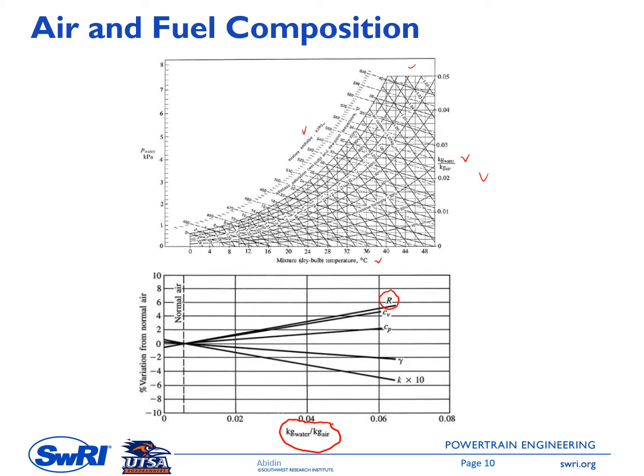You can also see here the impact on Cv, Cp, which increase with the water amount. But gamma here is Cp over Cv, and gamma decreases with the water content. And then k here, I think it is thermal conductivity, so thermal conductivity decreases with water content inside air.